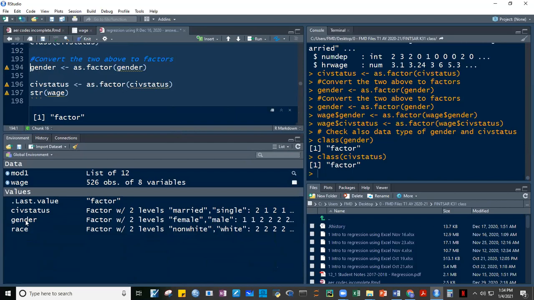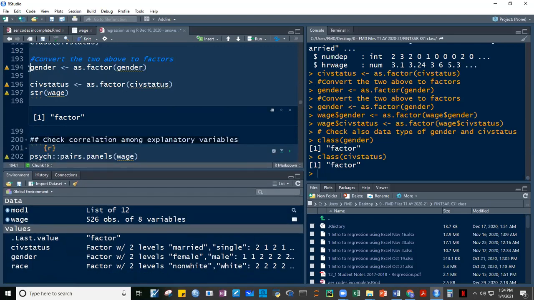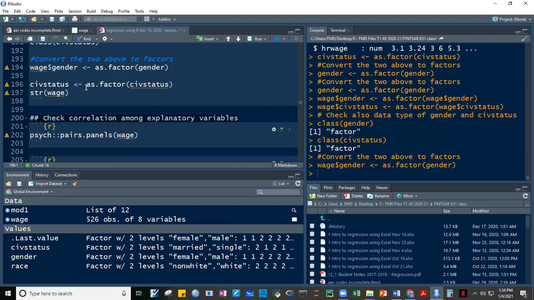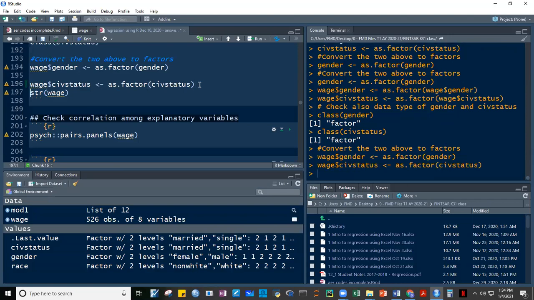Nagkaroon tayo ng object na civil status, gender, at saka race. I don't want that. Ang gusto ko guys, yung wage na gender as factor to this. Okay, and then dito, wage na yung civil status as factor.